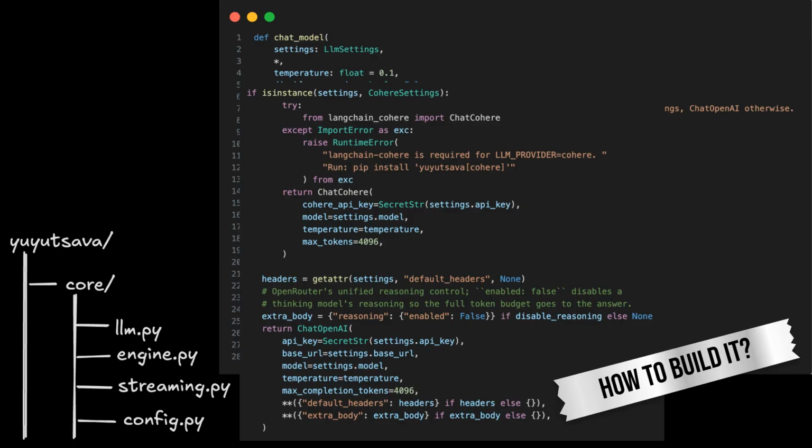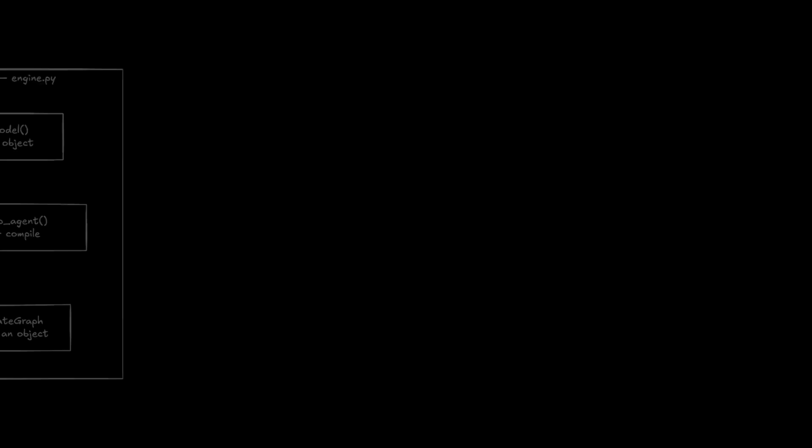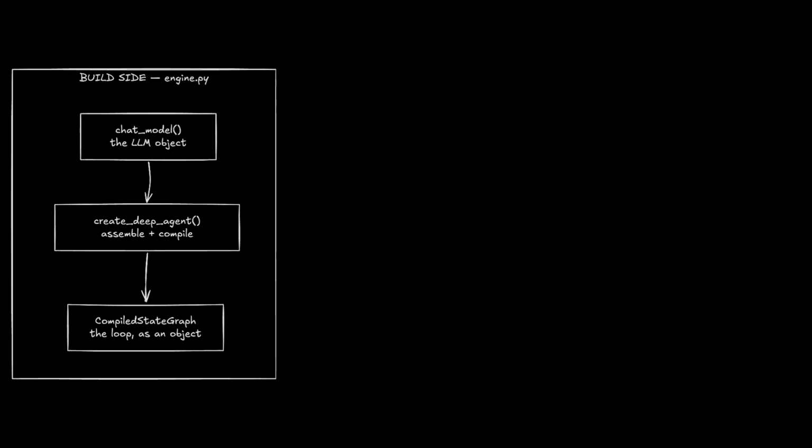Same temperature, same token limit, same shape coming out. And that's the point of splitting it this way. Everything above receives one object, a chat model, and never learns which provider produced it. This is principle 2, design by contracts. Add a provider, or switch one, and only these 2 small files are touched. Nothing else breaks.